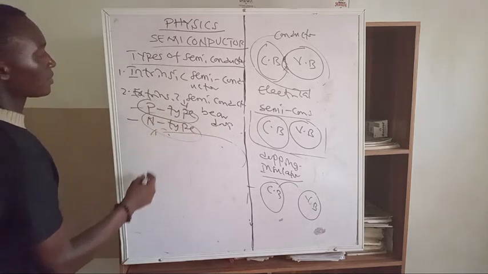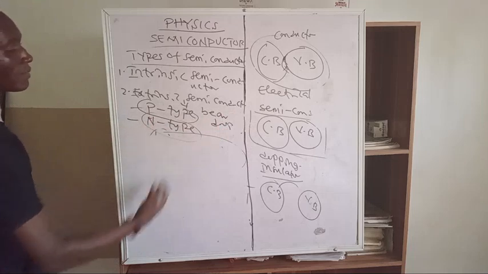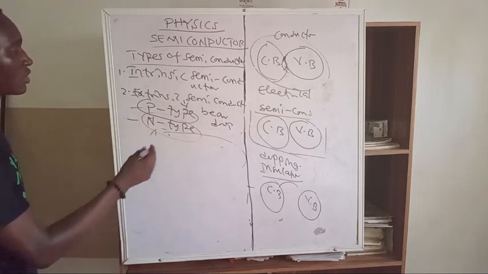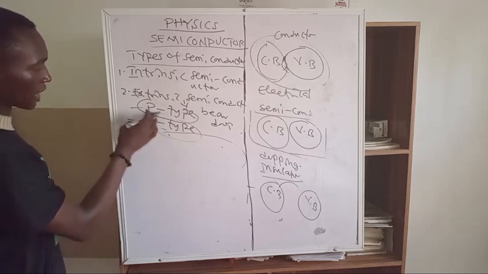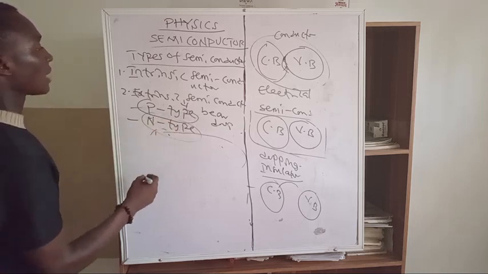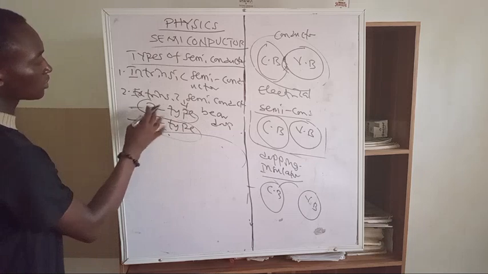The P type is positive, while the N type is negative. I'll define each type of extrinsic semiconductor.